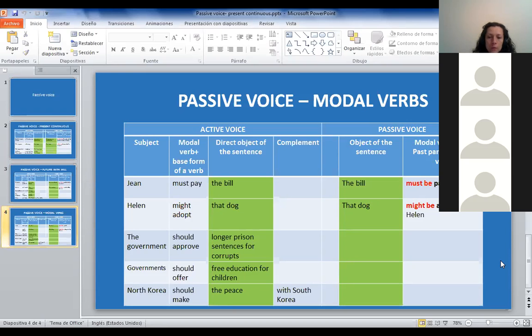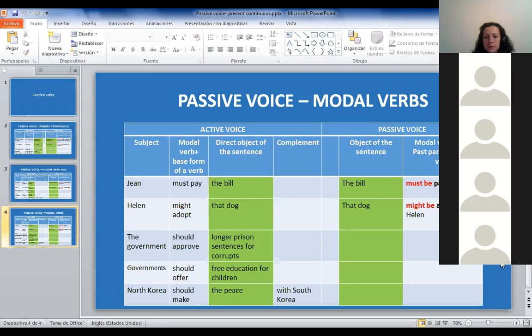Again, we use the object of the sentence. Then we use the modal verb, the verb to be, and the second verb in past participle. At the end, as in this case, we can write the person who makes the action by introducing the person with the preposition by. That dog might be adopted by Helen. Then we have the government should approve longer prison sentences for corrupts.